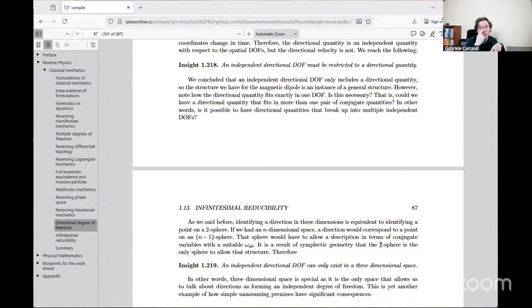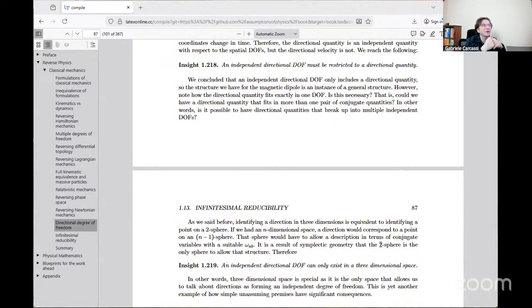If you were trying to use quaternions, because you like quaternions, and trying to do quantum mechanics with quaternions, then the sphere would be four-dimensional. Again, it wouldn't be symplectic. So if you look at the projective space and you say, I want a projective space that is guaranteed to be symplectic, you need the projective space of a complex vector space.